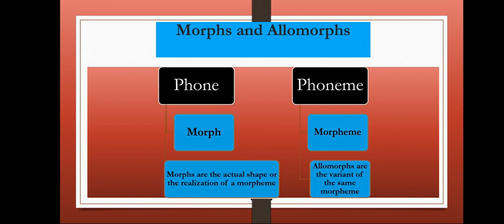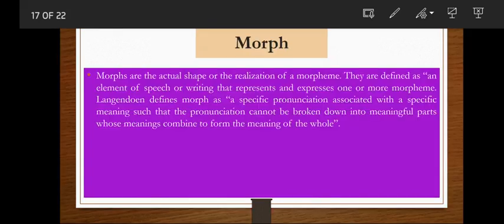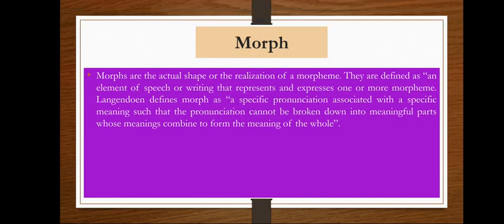So what is a morph? Morphs are the actual shape or realization of a morpheme. And what is an allomorph? Allomorphs are the variants of the same morpheme. Morphs are the actual shape or realization of a morpheme.